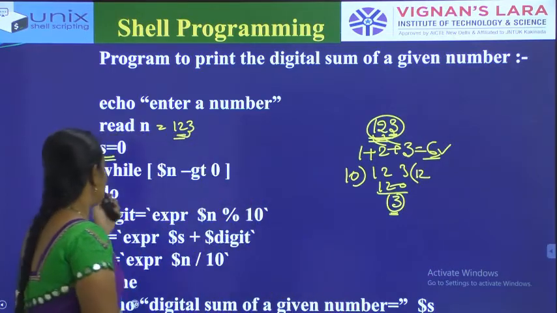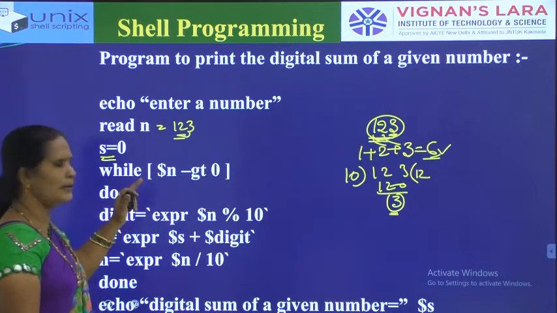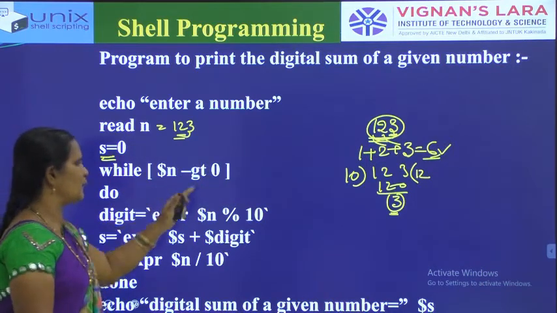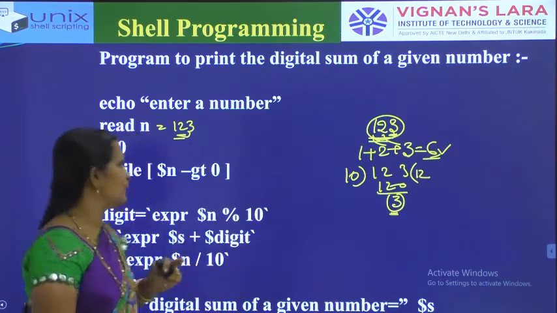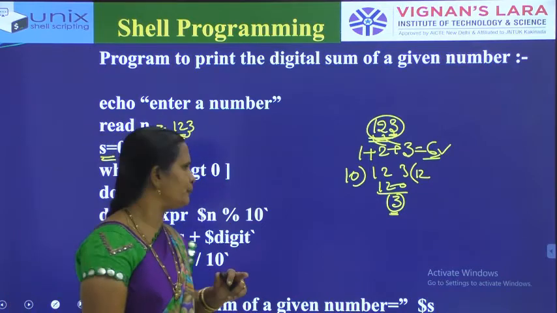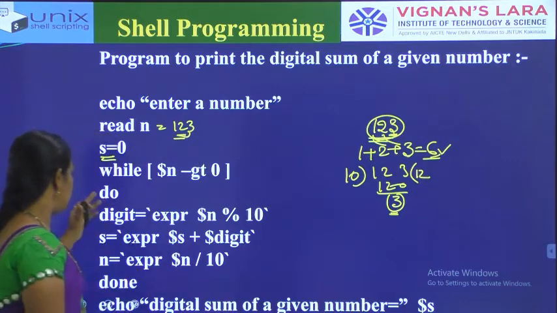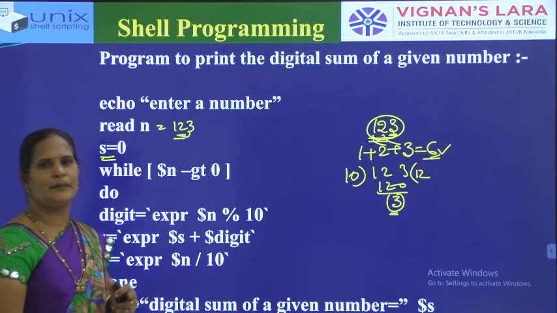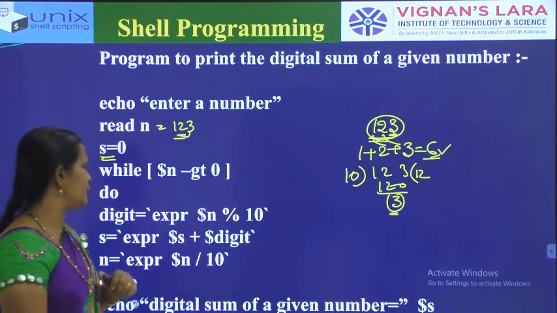So for this I specified a condition: while, within the square braces, $n greater than 0. If it is greater than 0, then in between do and done I have to specify the executable, repetitive or iterative statements.